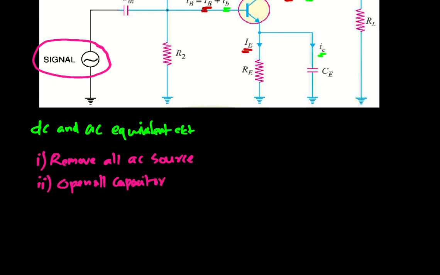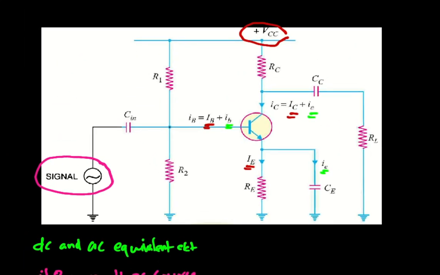When we do these two steps to this circuit, we have to remove this AC signal. Also we have to open up all the capacitors connected here and here. So what remains is a plus VCC here, which will appear across R1 and R2, and we have RC and RE here. If we open up CC, the coupling capacitor, no current flows through this branch, so we open here.